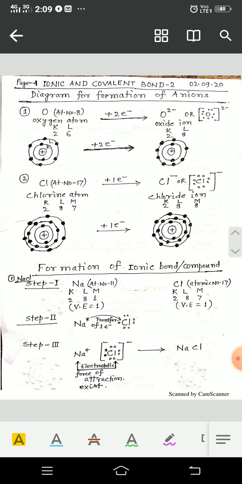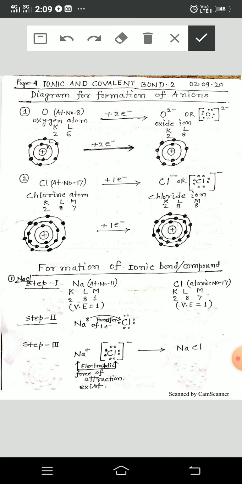Now on page number 4, this is about the formation of anions. So how does it form and what happens? See here from the diagram, it is clear, and you will see and write in your notebook.